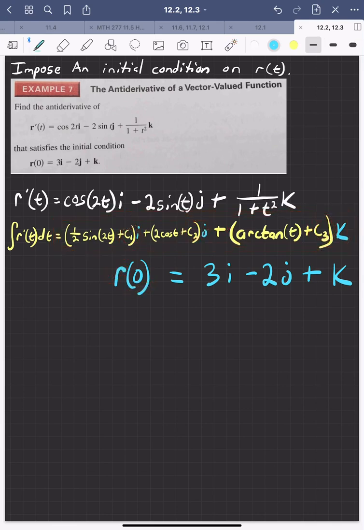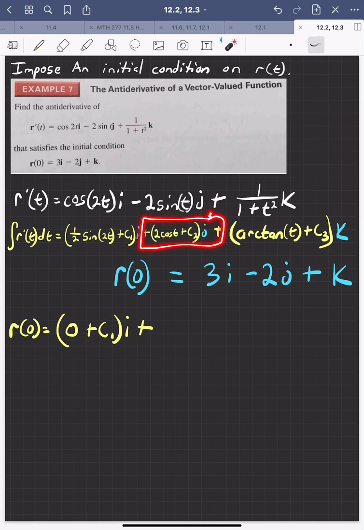Ready? So here's what r of 0 looks like. I'm plugging 0 in for t. So if I plug 0 in for t, sine of 2 times 0 is sine of 0. Sine of 0 is just 0, right? So that ends up being 0 plus c sub 1 i, plus, let's go to our j component.